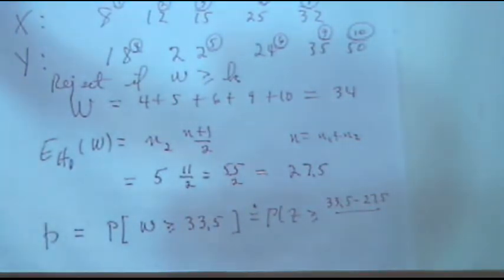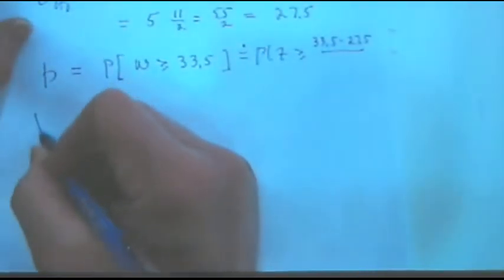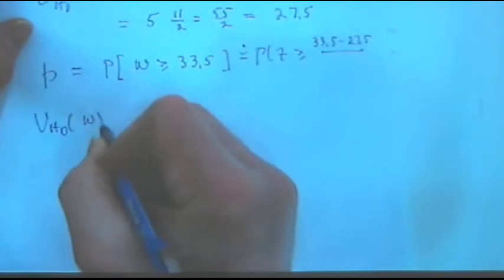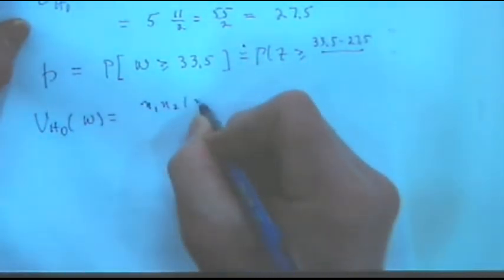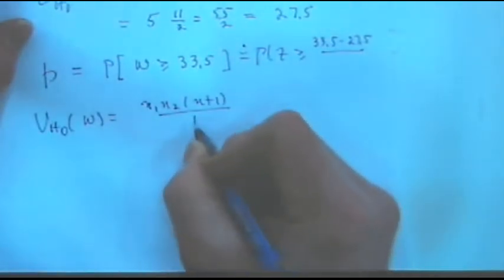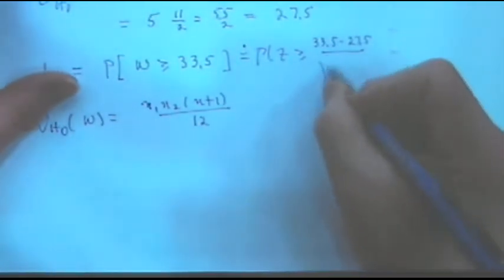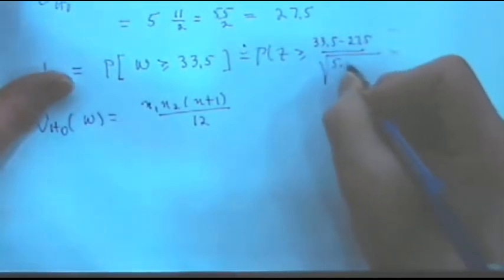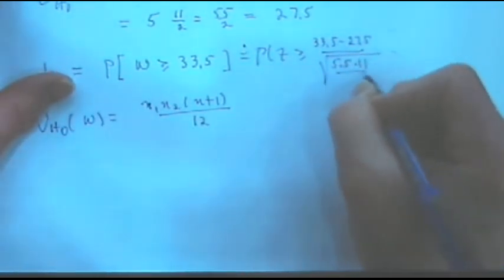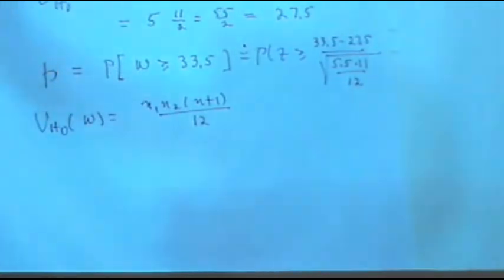And just like the signed rank, the variance is not that intuitive. So downstairs we have that, which is about 5, right?